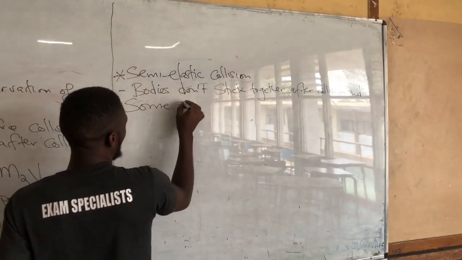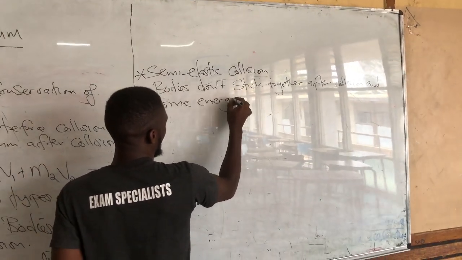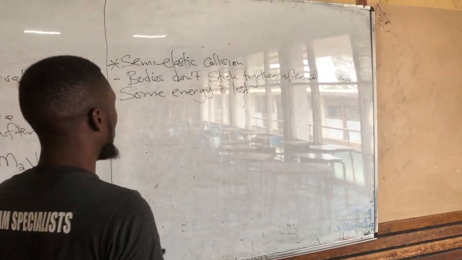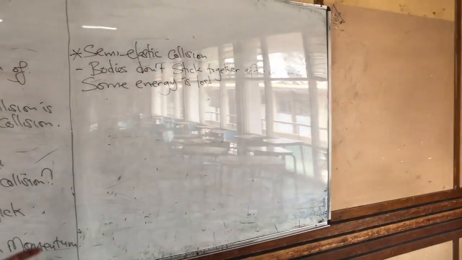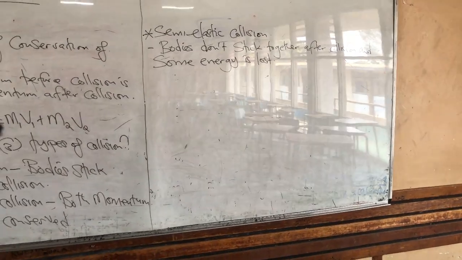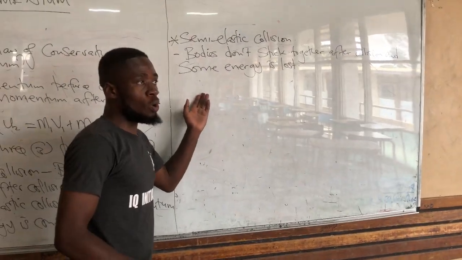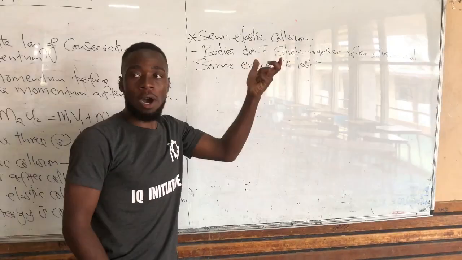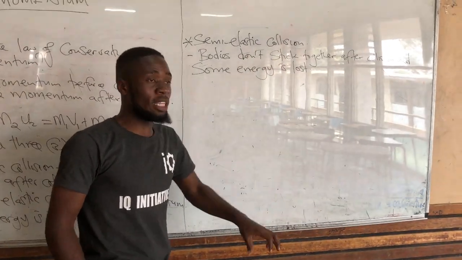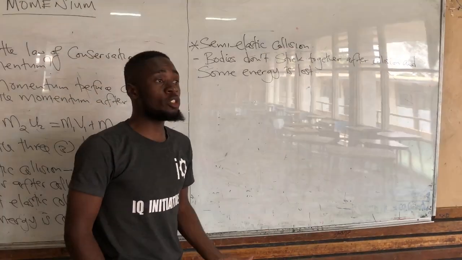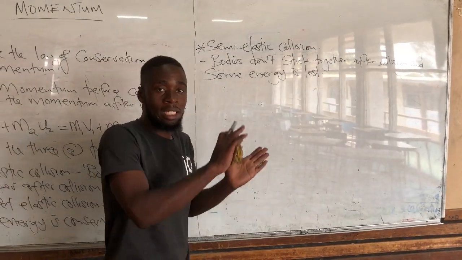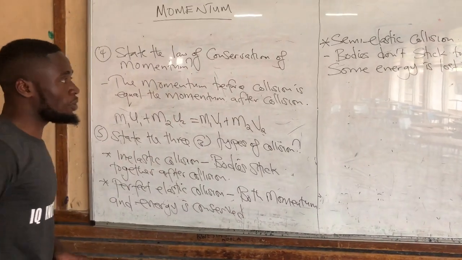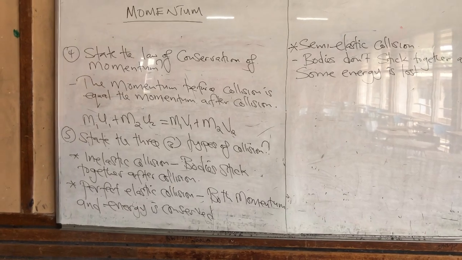The perfect example here is the ball and the ground. When the ball hits the ground, it won't stick to the ground, it will bounce back. After hitting the ground, some energy will be lost, so as it goes up, it will reduce in speed. So these are the three types of collision.